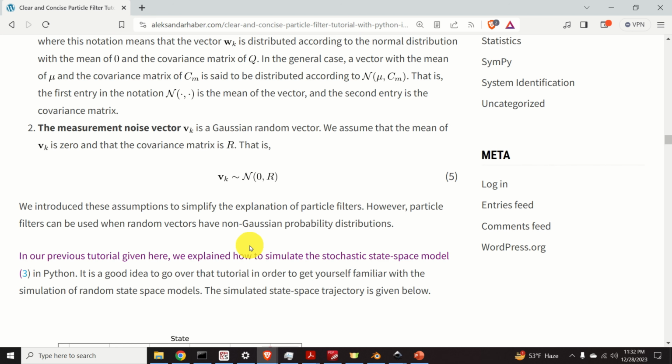However, particle filters can be used when random vectors have non-Gaussian probability distributions. And that's the main power, actually, of particle filters.